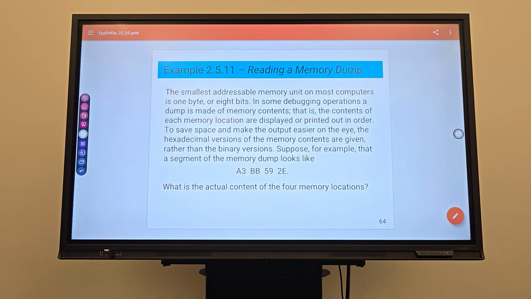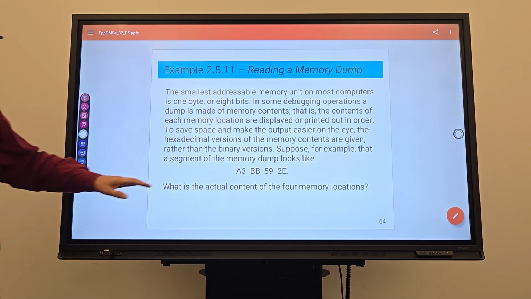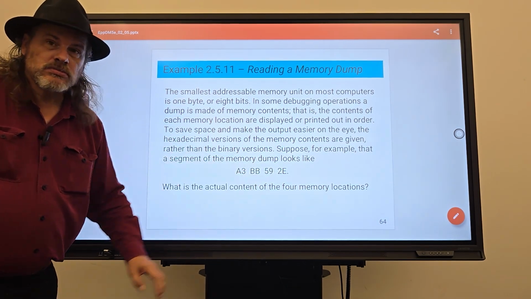Oh, the smallest addressable memory unit in most computers is 1 byte or 8 bits. Sometimes you want to get a dump of the memory contents of a computer. The memory locations, the values are put on the screen, and they're typically done in hexadecimal form, in the form of bytes, which is 2 digits per byte.